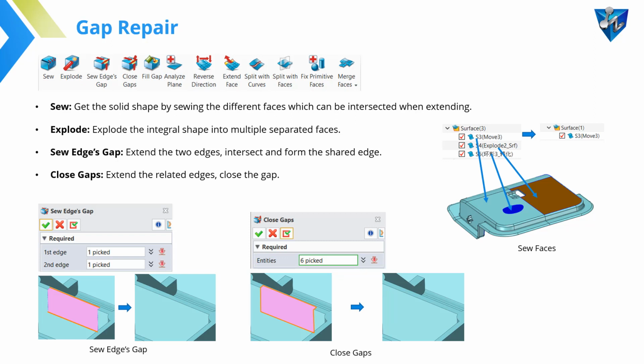Second, explode. With this function, the integral shape will be exploded into multiple separated faces. Third, edge gap. With this function, it will extend the two edges, intersect, and form the shared edge, as shown in the picture below. After selecting closed edges, the gap will be closed accordingly.